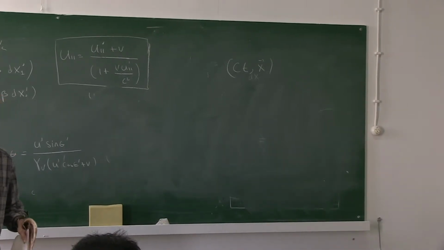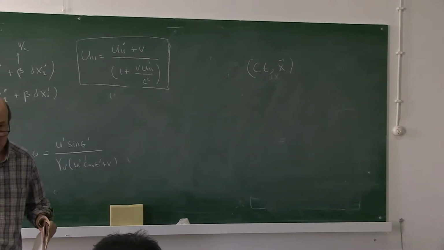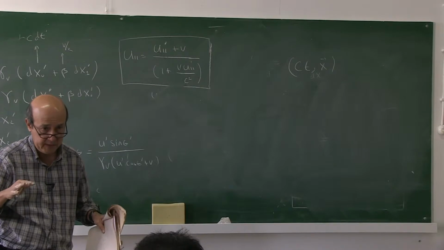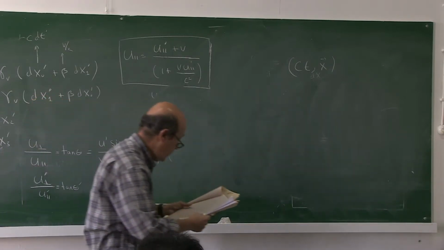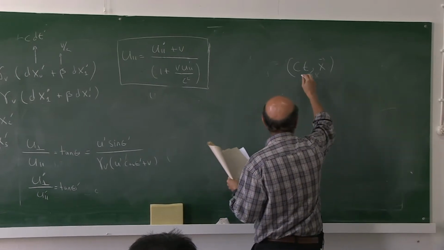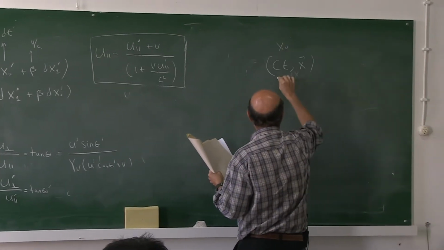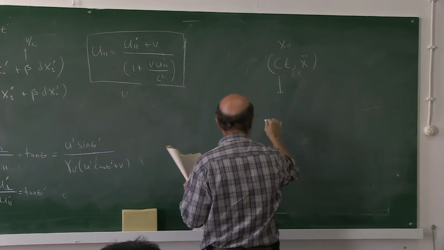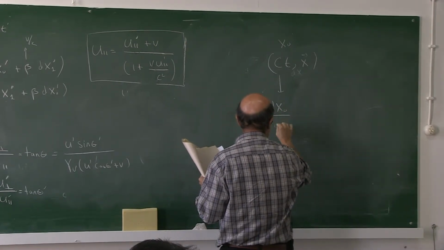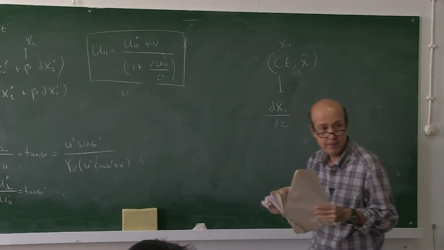We know one thing everybody agrees on: the proper time. Proper time is the same for everyone. So basically we take x0 and take the derivative with respect to the proper time.